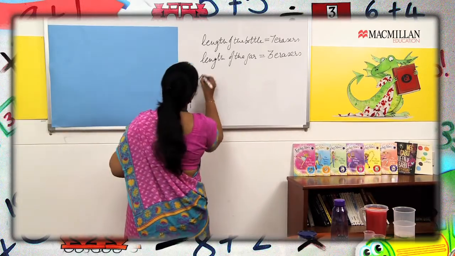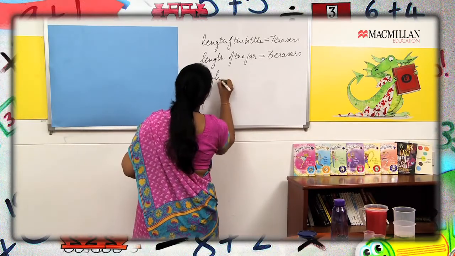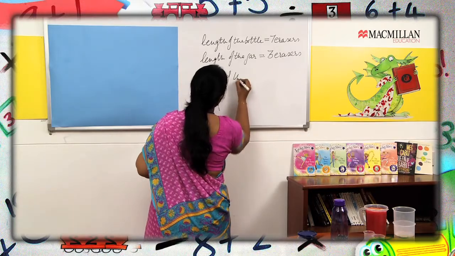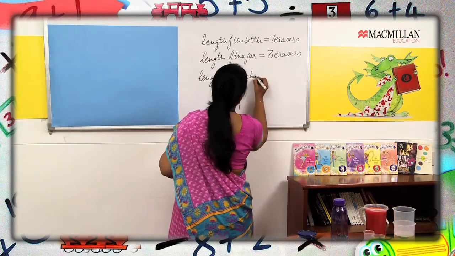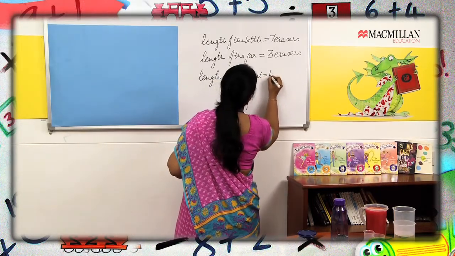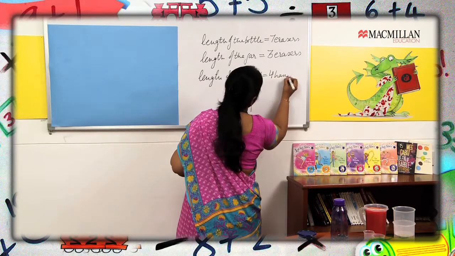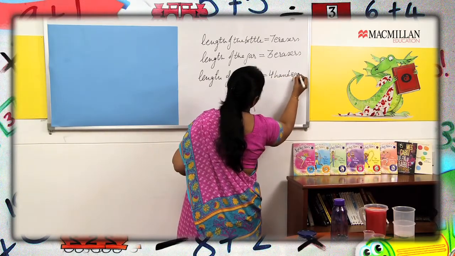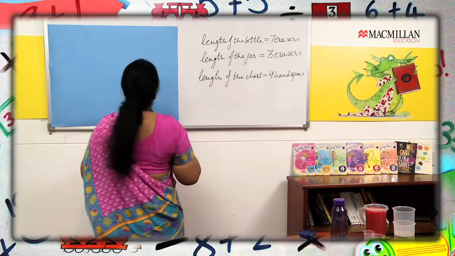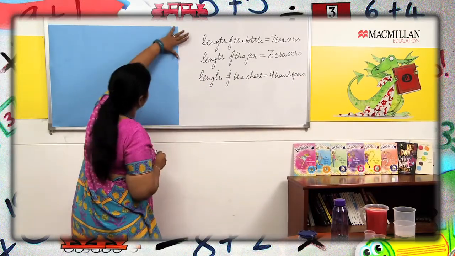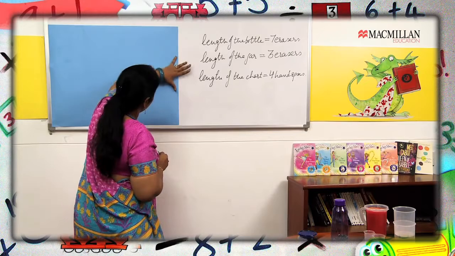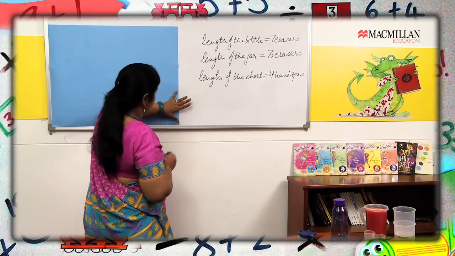So the length of the chart is 4 hand spans. Now let us measure the breadth. 1, 2, 3.